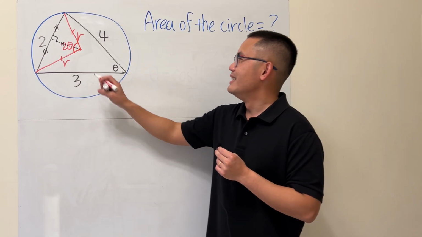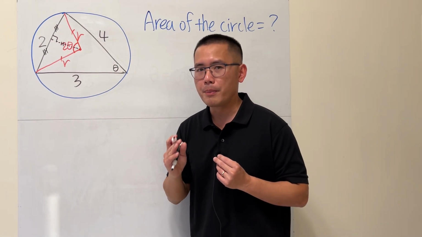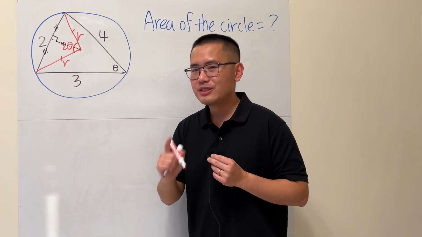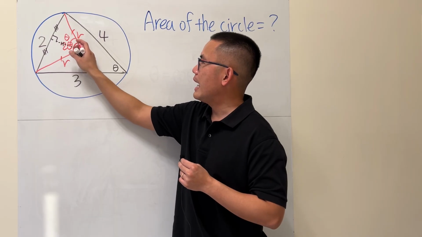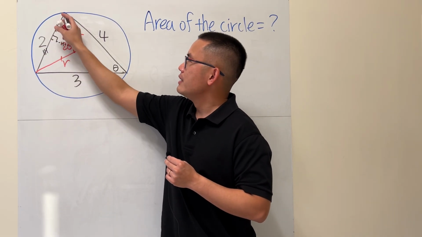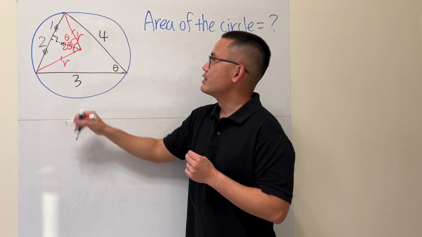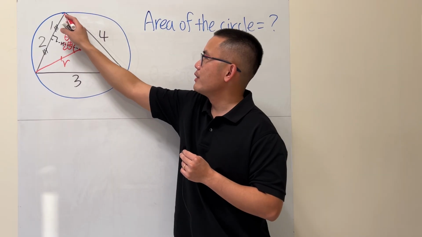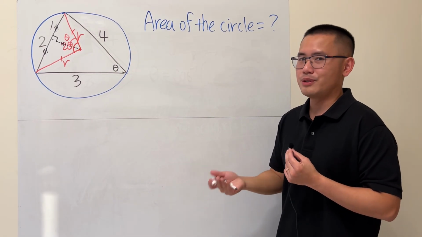So that means this is actually not just the perpendicular, but it's the perpendicular bisector. So you can further argue that this right here is just half of the whole angle, which is theta. And then if you go here, this side is just half of the whole thing, which is 1. So we can look at this triangle now, and it's a right triangle, so you can just do the simple sine cosine business.